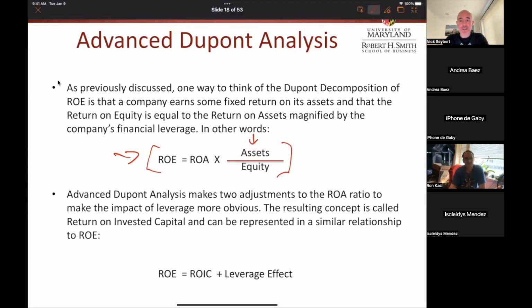This advanced DuPont analysis is going to tell us the precise percentages of returns that are attributable to each of these different components. So to do so, though, we need to talk about what is return on invested capital. It's similar to return on assets, but it's not. And then we're going to add this magnification effect of leverage to that, okay?